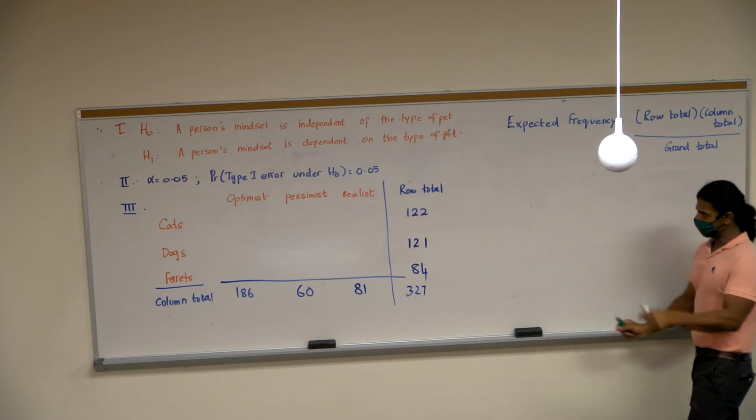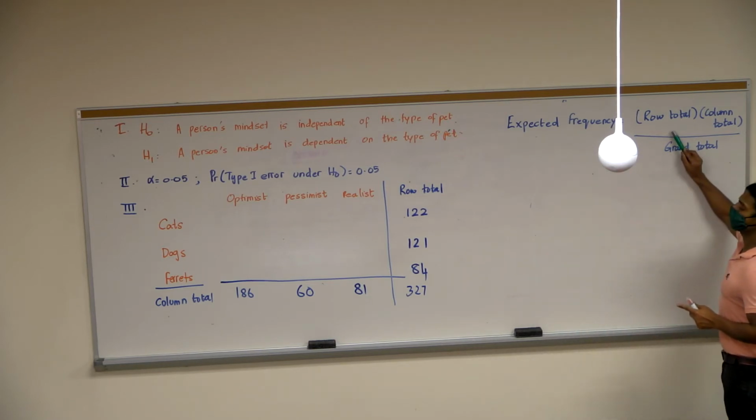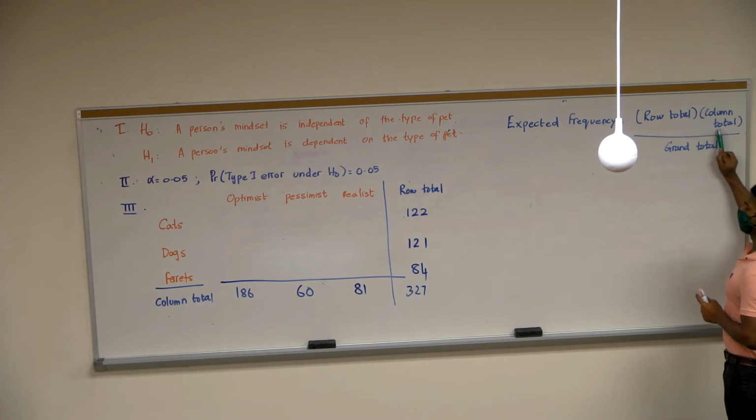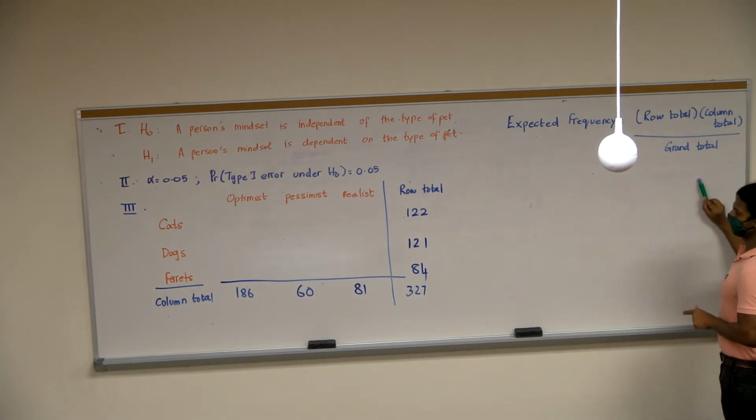So for each cell, we pick the row total, multiply the column total, divide by the grand total.